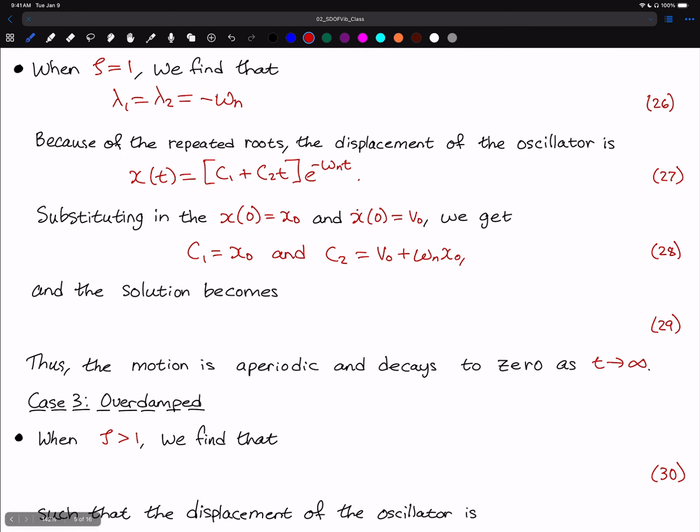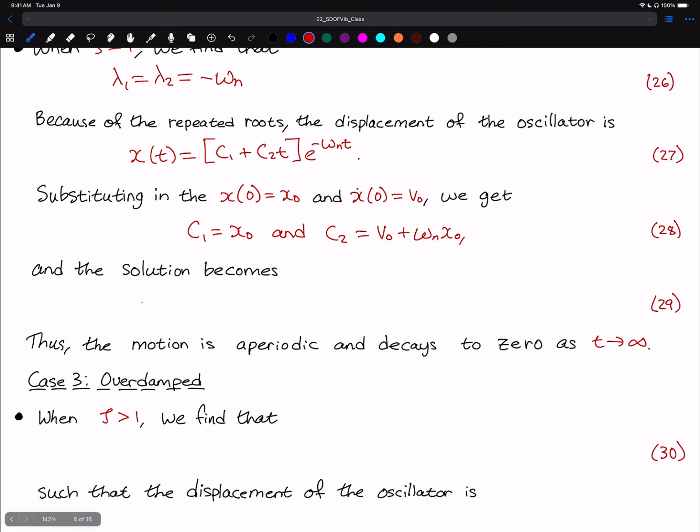And then the solution becomes x of t equal to the quantity x0 plus the quantity v0 plus omega n x0 times t, all of that multiplied by e to the minus omega n t. Thus, we end up finding that this is an aperiodic motion. There's no oscillation here, and it decays to 0 as time approaches infinity. We'll see a plot of what the critically damped case looks like after we go through case 3. We'll have a comparison of the two there.